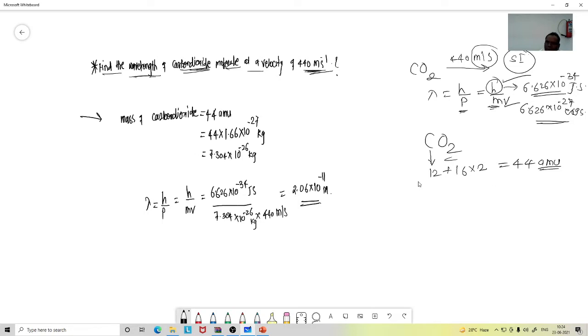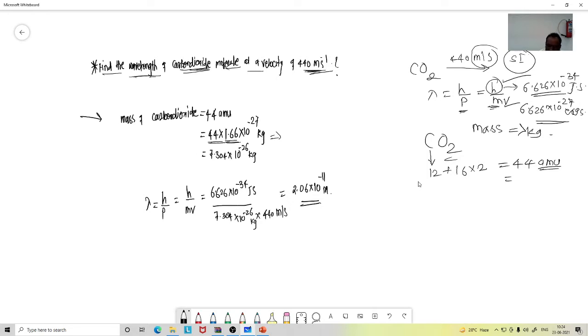If you want to convert this atomic mass unit into kilogram, because the SI unit of mass is kilogram, remember that, we have to multiply it by 1.66 into 10 raised to minus 27. So this is 44 into 1.66 into 10 raised to minus 27 kg.